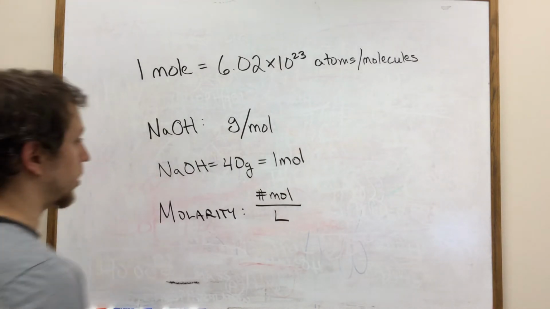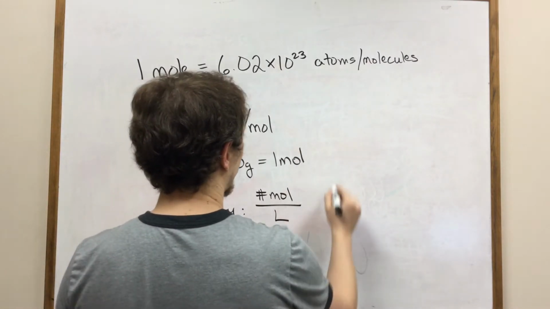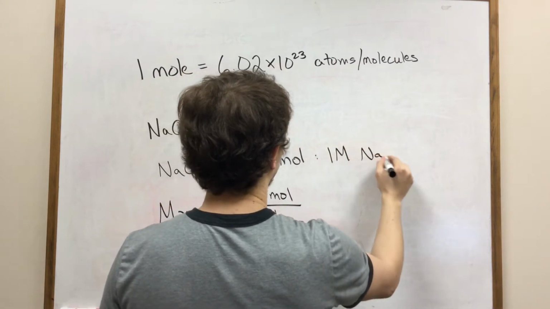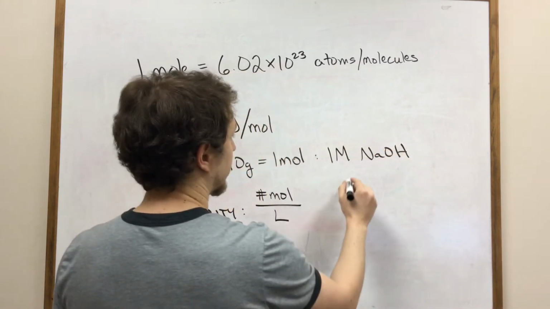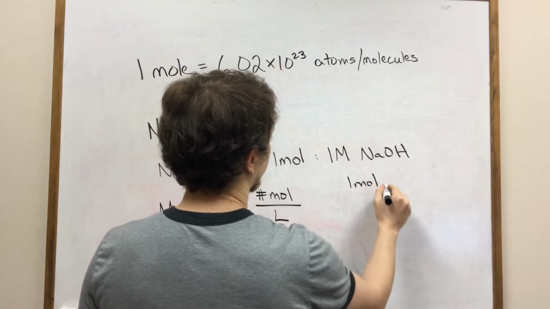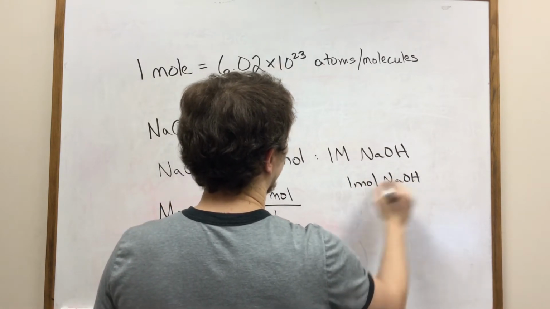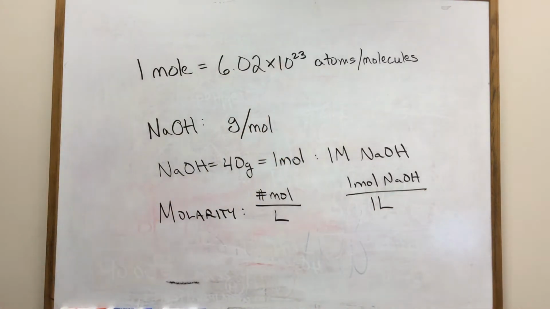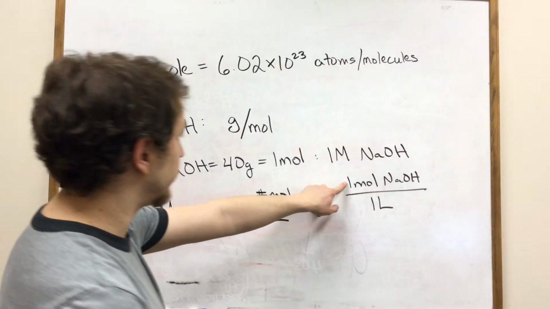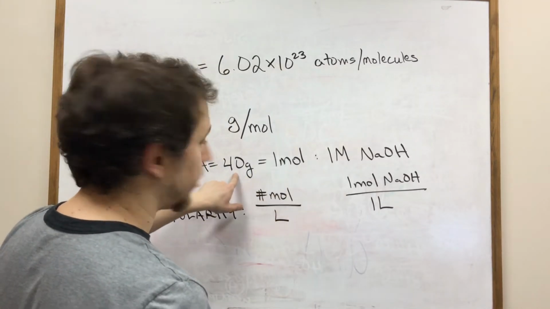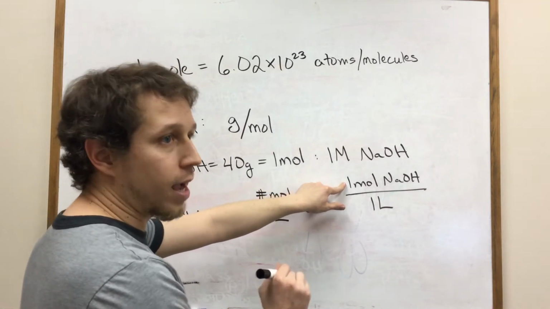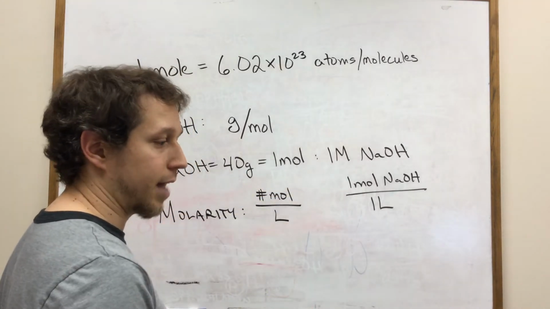So with sodium hydroxide, if I have a 1 molar solution of sodium hydroxide, that's effectively telling me that I have 1 mole of sodium hydroxide per every liter of sodium hydroxide solution I have. This also tells me that because 1 mole of sodium hydroxide equals 40 grams of sodium hydroxide, that I also have 40 grams of sodium hydroxide in that liter.